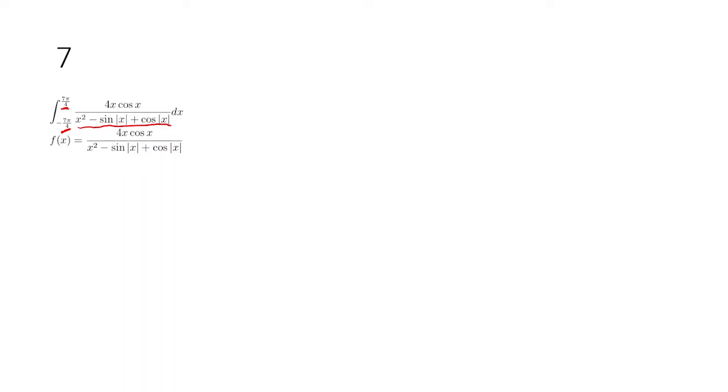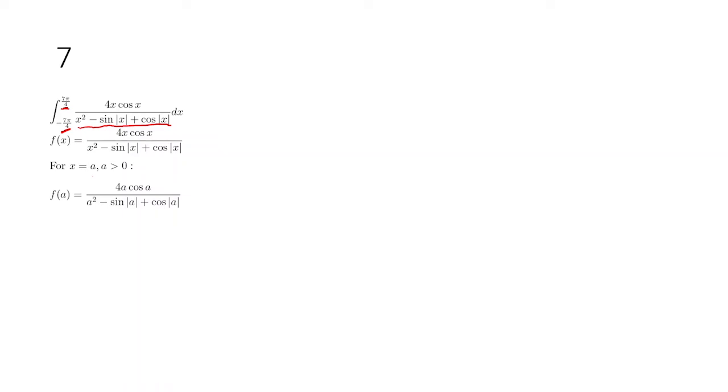Now we'll try to find the value of the function at a certain value. For example, for x is equal to a and a is greater than 0. We can substitute in a for all the x's here in the original function. So this a goes here, here, here, here, and here.